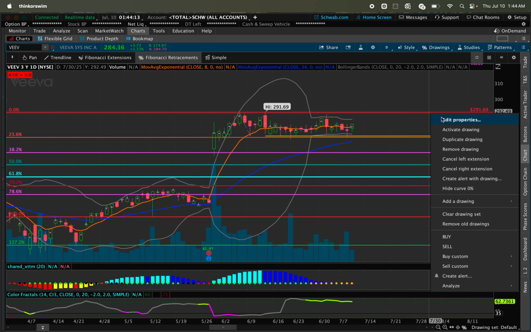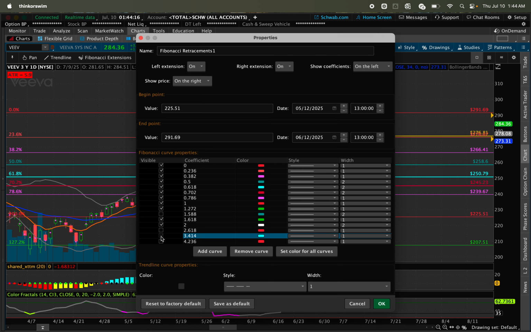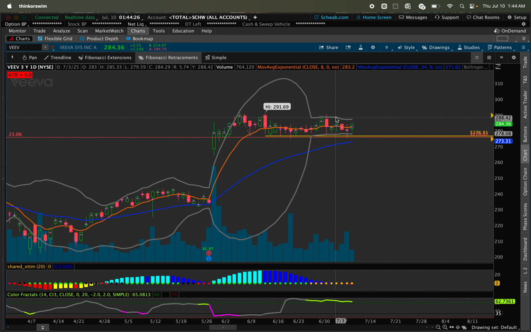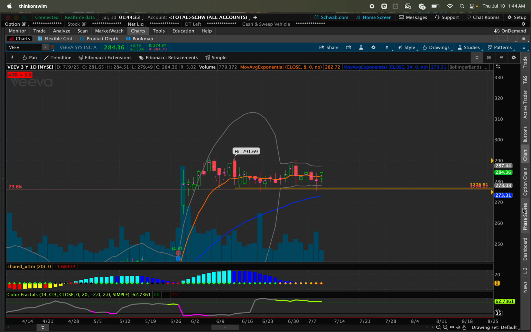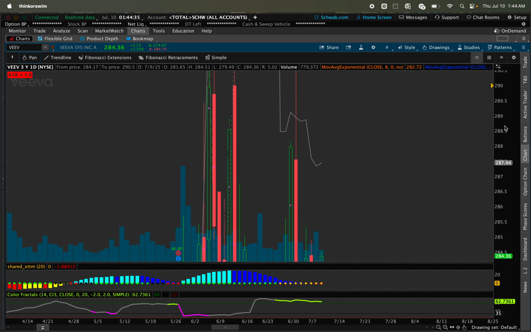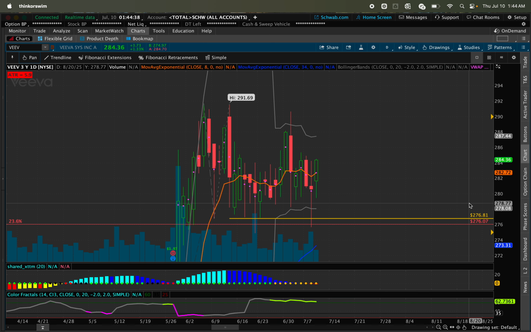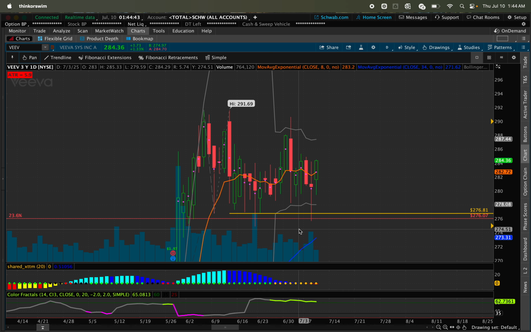So what I'm going to do is go in the properties and turn off basically everything I don't need that wasn't the 2, 3, 6, so that my zones, or my cluster, or my group of Fibonacci levels here can stay neat and organized, and I can just see the confluence. So first, we got this 76.81, 76.07, okay? That's two levels. A retracement and extension, and now I want to find a Fibonacci retracement extension.